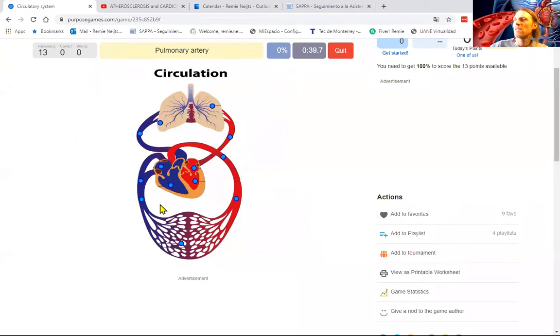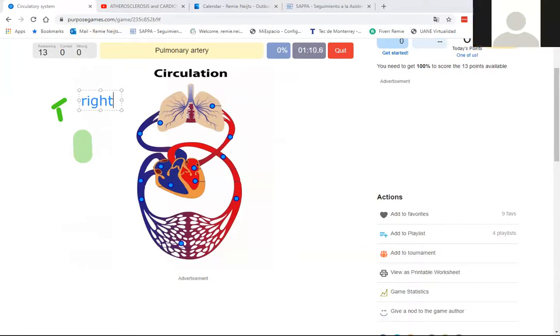You can see my mouse, maybe I can make annotations. So this is the right side, okay?